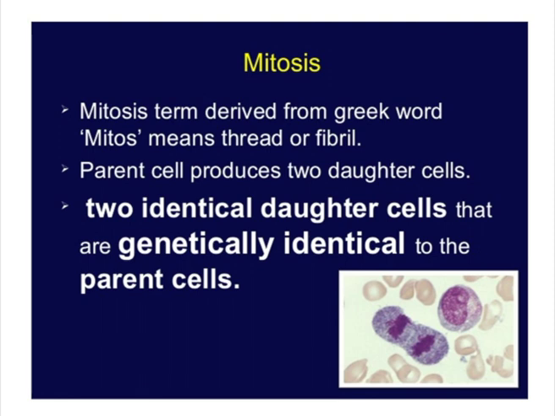After division by mitosis the parent cell forms two daughter cells that are genetically identical to the parent cell. The meaning of mitosis is that all mitotic chromosomes are thread-like structures.